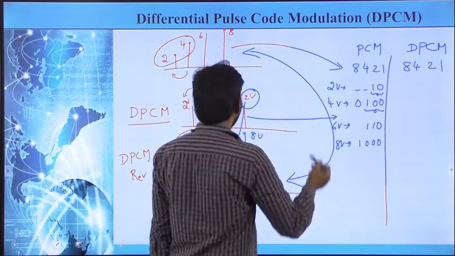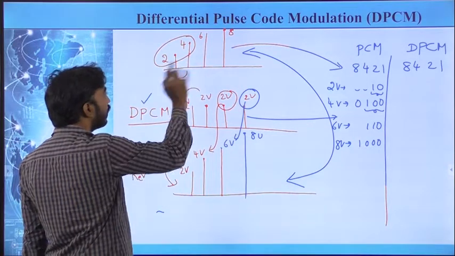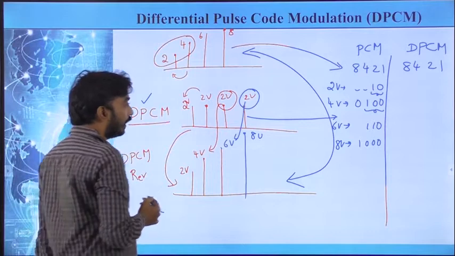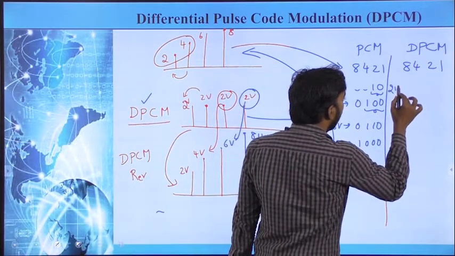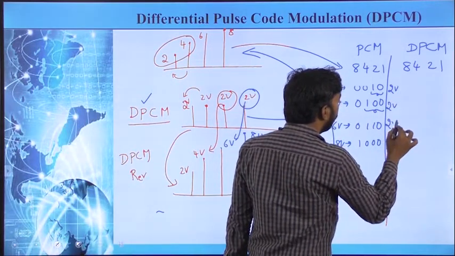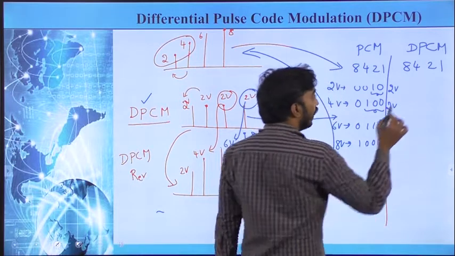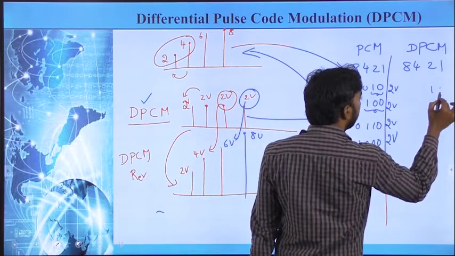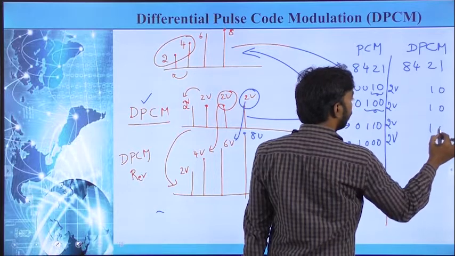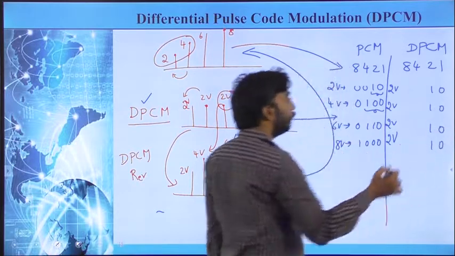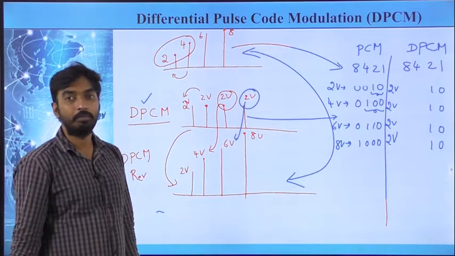Whereas in DPCM, I am transmitting the difference between successive samples, that means all the time I am transmitting only 2 volts here. That means I am transmitting only 2 bits at every sample.